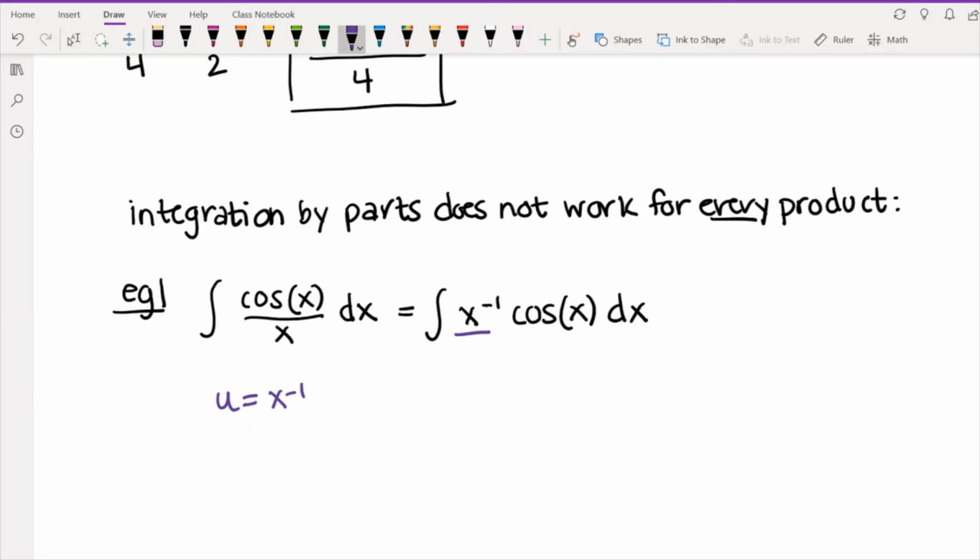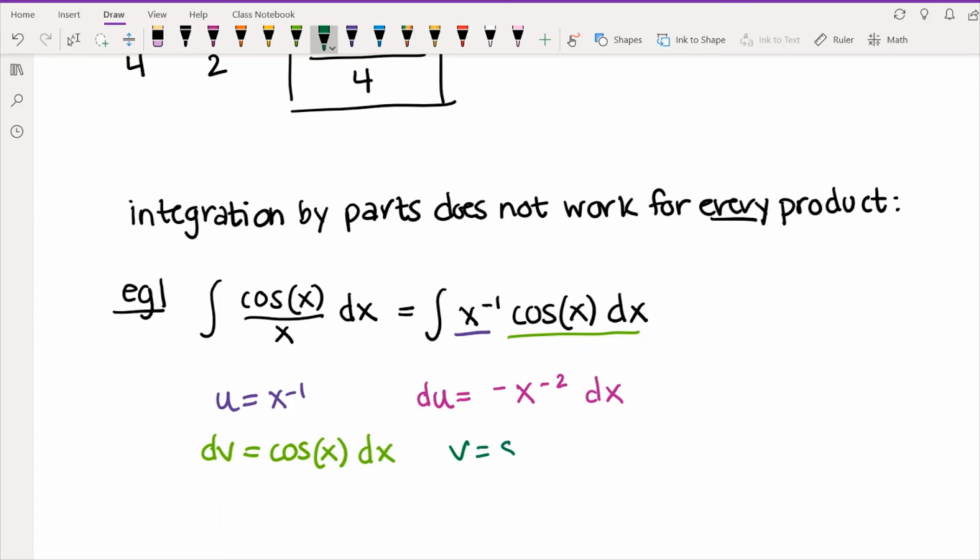And then that would mean that we would need to have dv equal to cosine of x dx. And so that would mean that du would be equal to negative x to the -2 dx. And then v would be equal to sine of x.